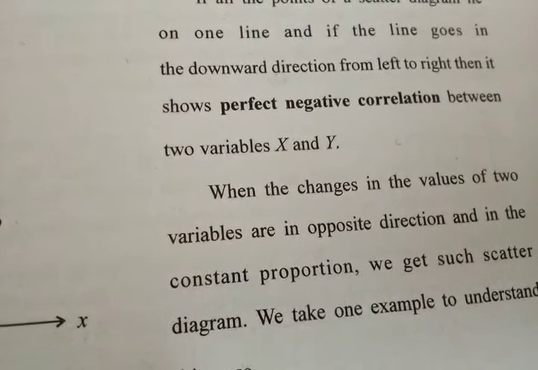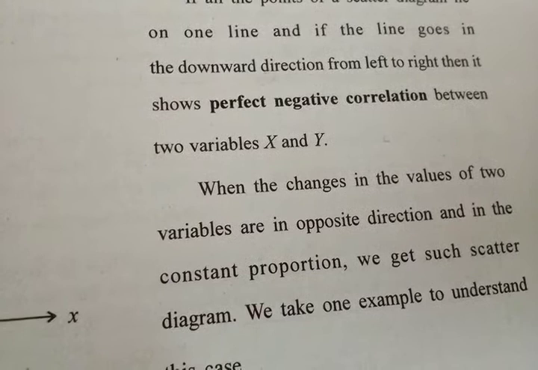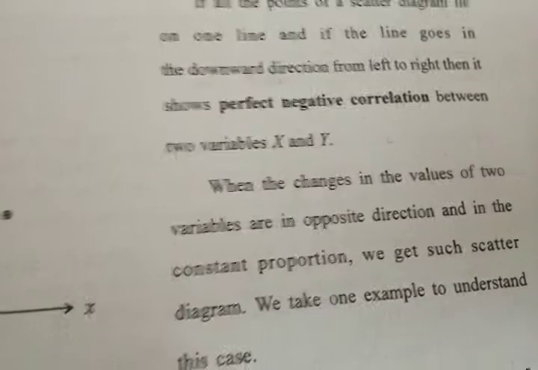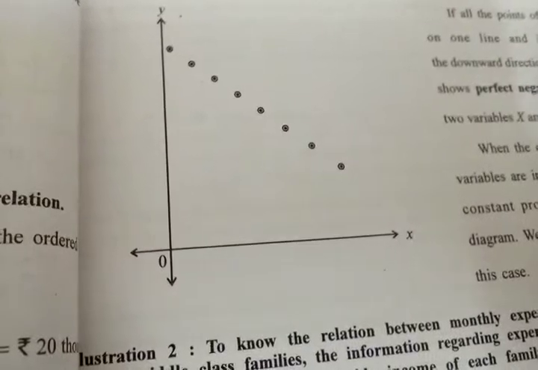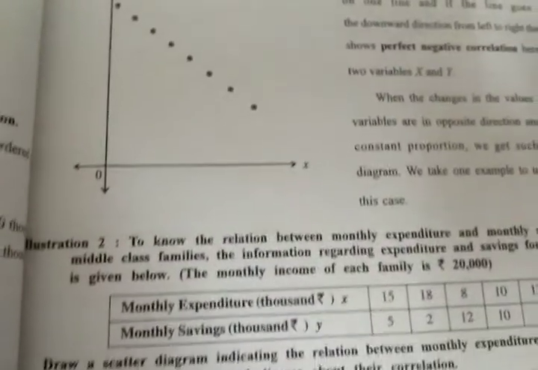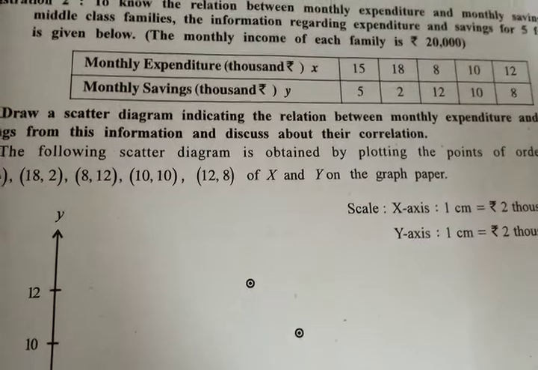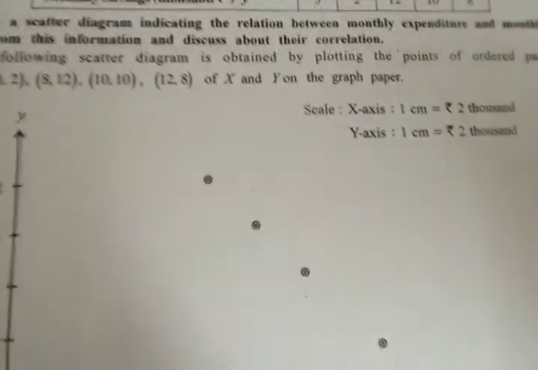That means that the values of the variables move in opposite directions. When x is, suppose, increasing, y will decrease, or the reverse way, and that's the case of a perfect negative correlation. So scatter diagram helps us to locate the correlation depending on whether it is positive or negative.